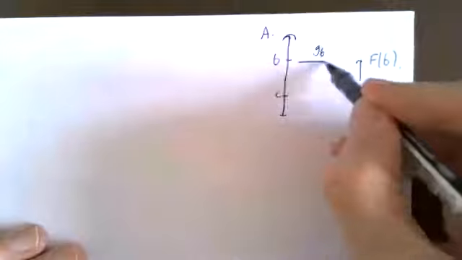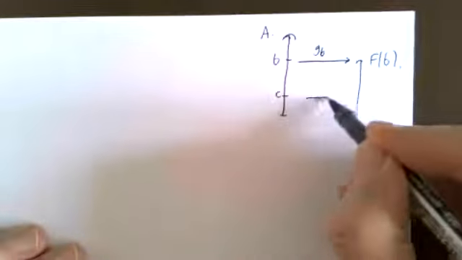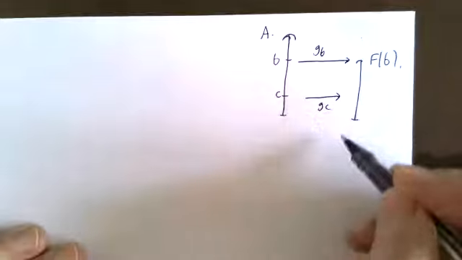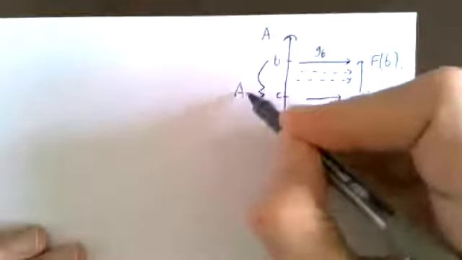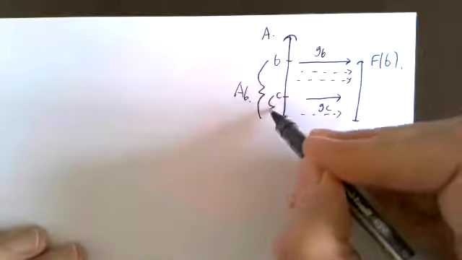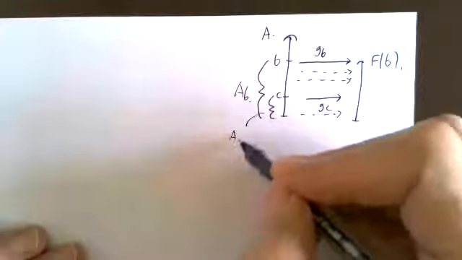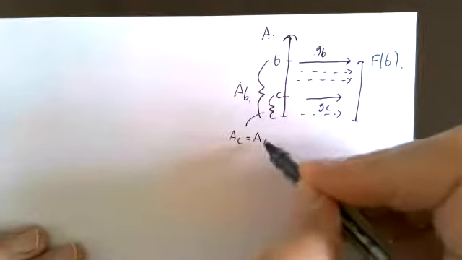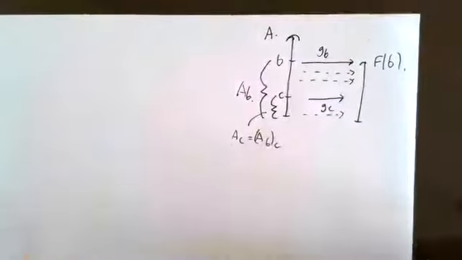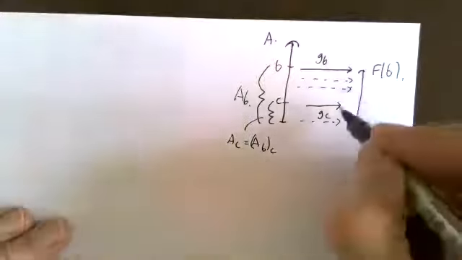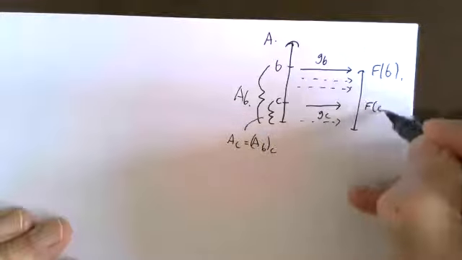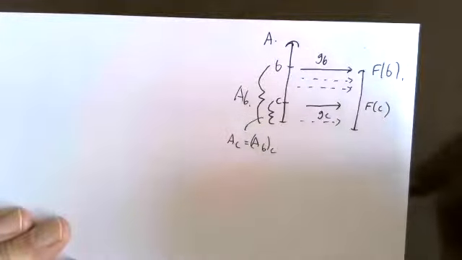So here's GB going across here. Here's GC going over here. So here is AB. This smaller bit here, this is AC, which is the same as AB, cut down to C here. And this is going over to f of C.